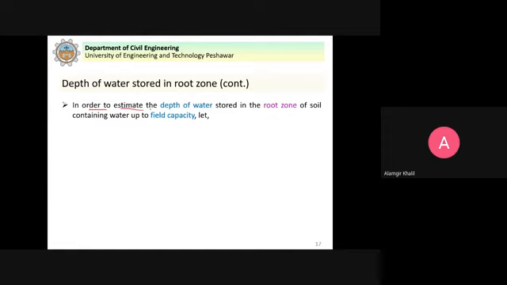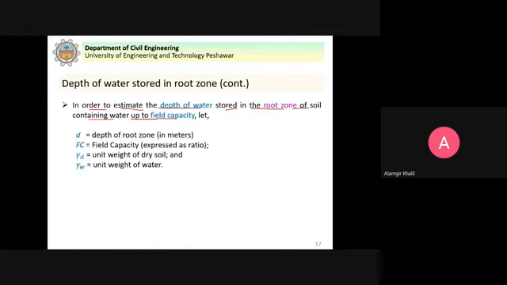In order to estimate the depth of water stored in the root zone of soil containing water up to field capacity, how can we calculate this depth of water? Let d be the depth of the root zone, FC the field capacity, gamma d the unit weight of the dry soil, and gamma w the unit weight of water. Next we consider unit area, that is 1 square meter of the soil.